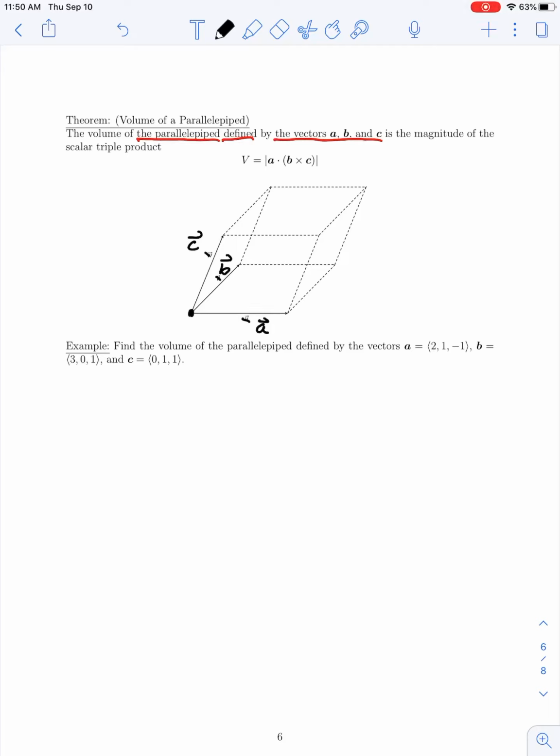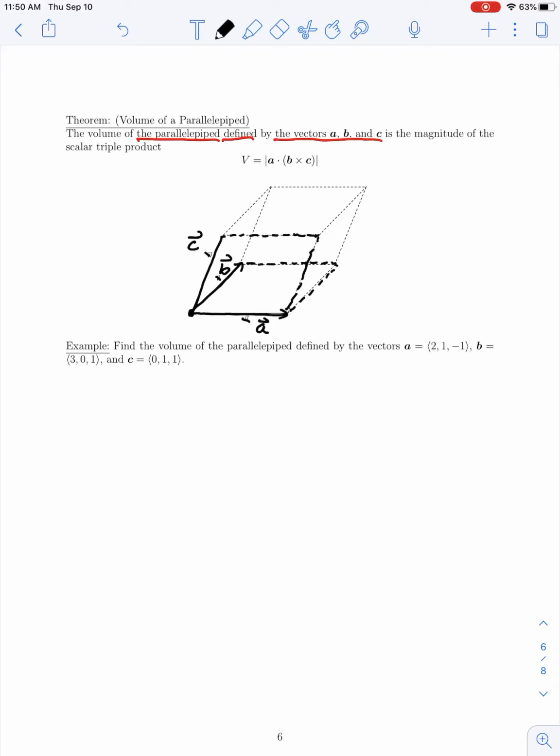we can see that the vectors A and B form a parallelogram in some plane, and the vectors A and C form another parallelogram. The one formed by A and B was this parallelogram below.